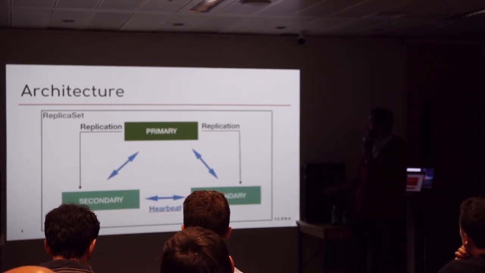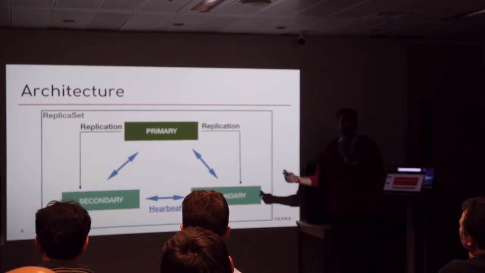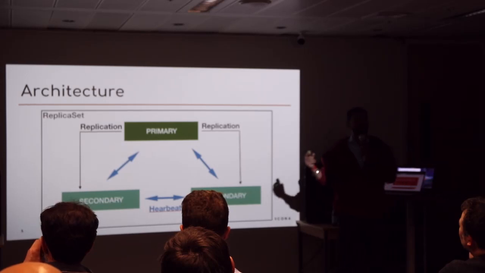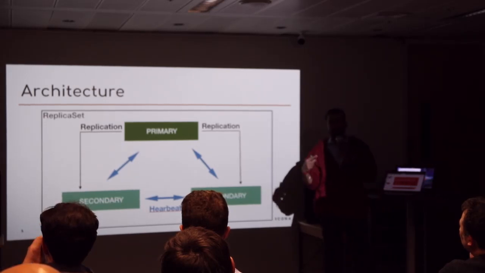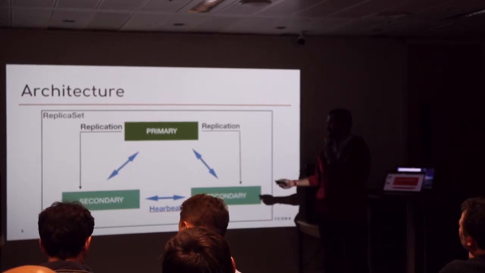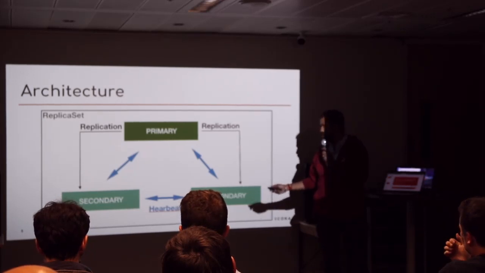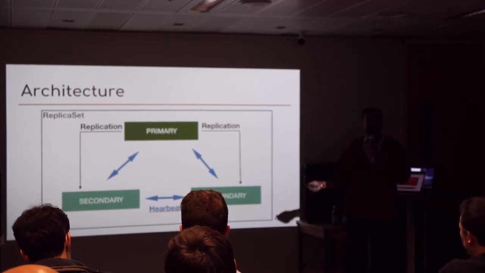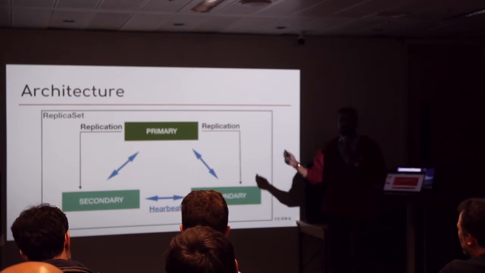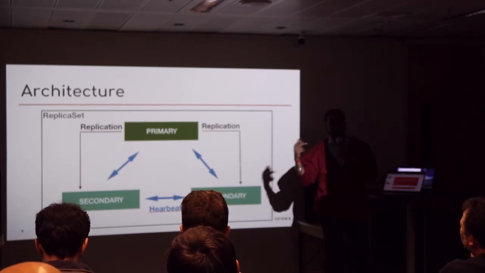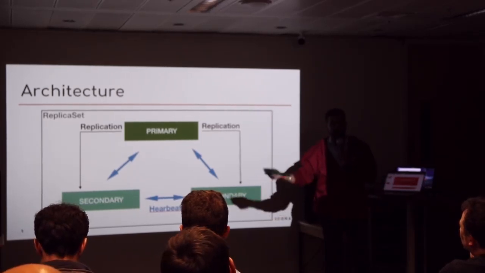The replication is happening, and there are heartbeats going on between the servers. They contact each other all the time and make sure they are on the network. So even if any issues happen between these servers, they make sure a primary is always there, so that your application does not have any downtime.